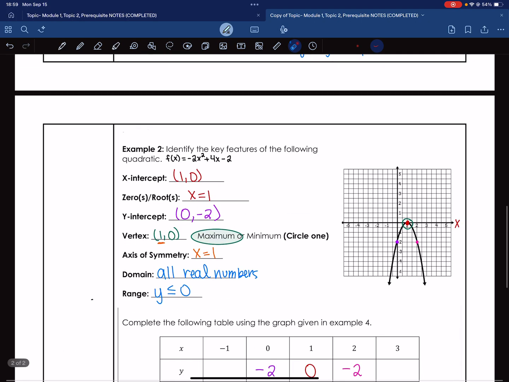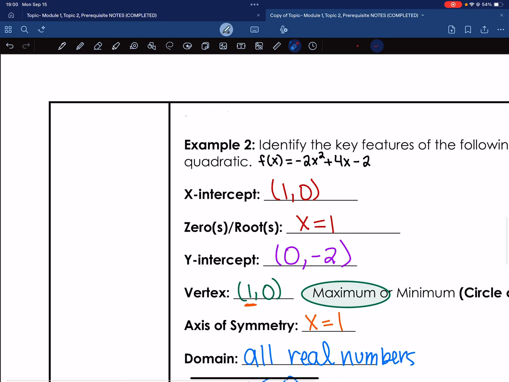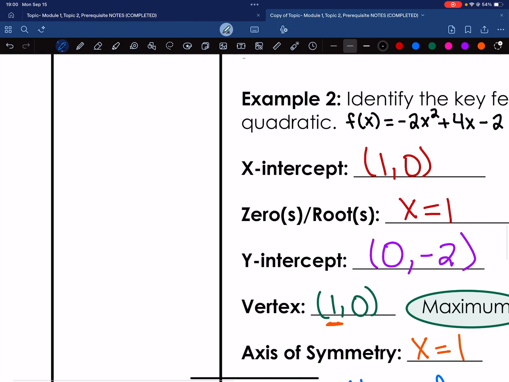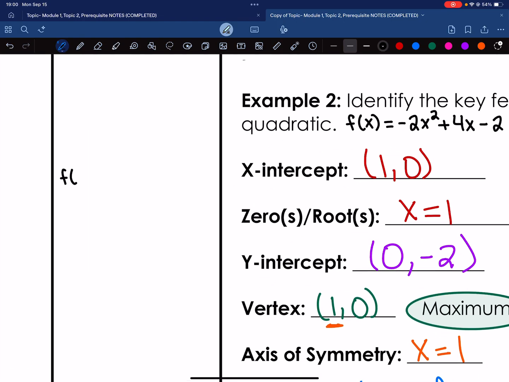So what we can do is use the equation that we were given and plug in -1 and plug in 3 to see the y values. So that's what we're going to do. We're going to start by plugging in -1. So we're going to find f of -1. What that means is we are going to plug in a -1 for every x.